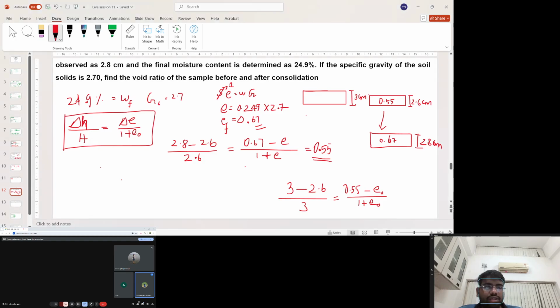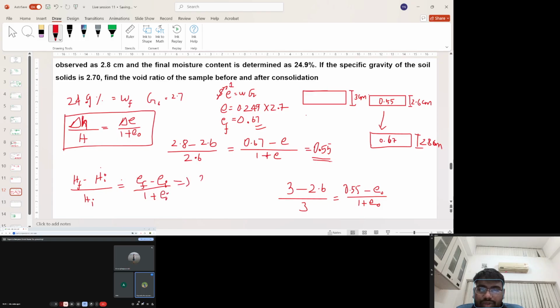And here, if we see this, this is H final minus H initial by H initial equal to e final minus e initial by 1 plus e initial, right?